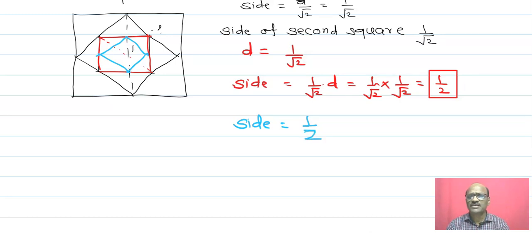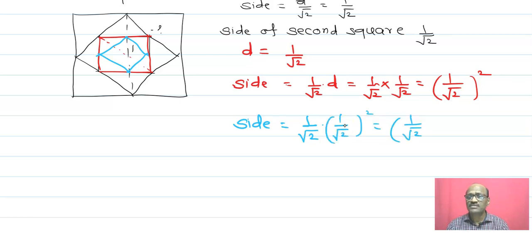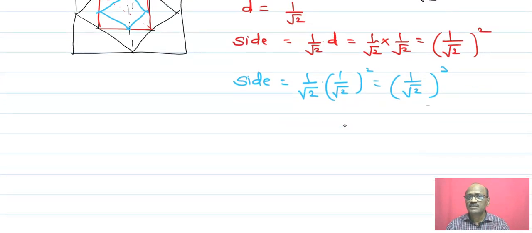Now I am changing here. The side of that square, blue square, that is 1 upon root 2 into 1 upon root 2 and bracket is square. Therefore, I am changing here. Therefore, it becomes 1 upon root 2 bracket raised to 3.